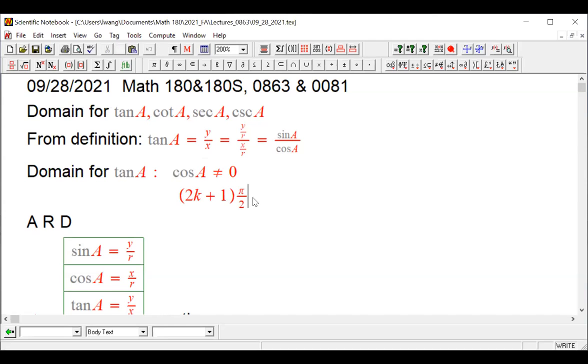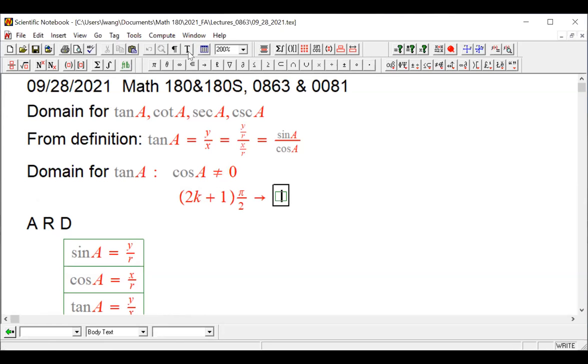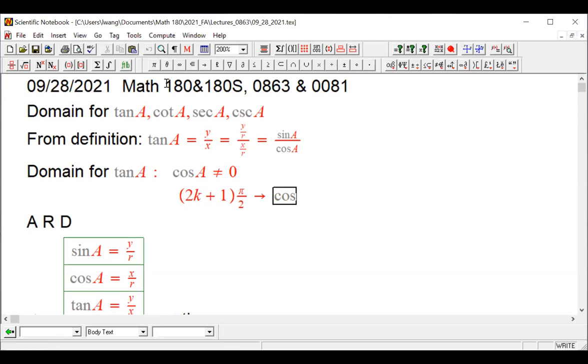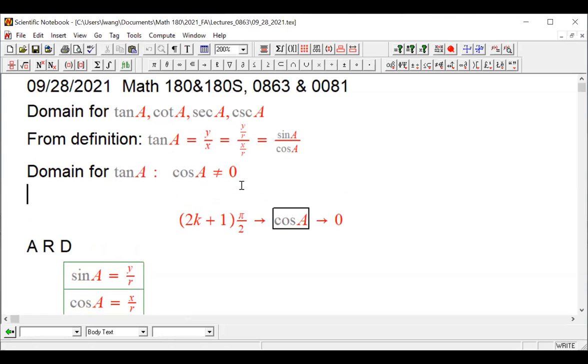If these inputs are given to cosine A, it is going to cause 0. Can we allow these in the domain of tangent? No, right? Because the denominator cannot be 0.